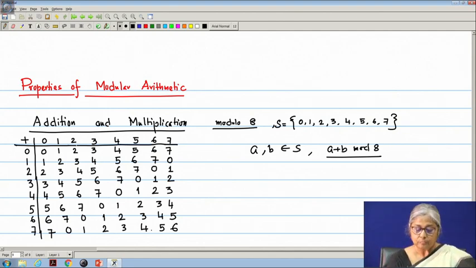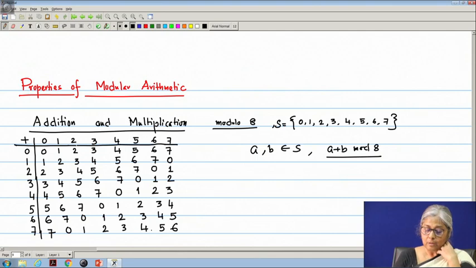So, we see that if I take 0 plus 0, it is 0; 1 plus 0 is 1, 2 plus 0 is 2, 3 plus 0 is 3, 4 plus 0 is 4.